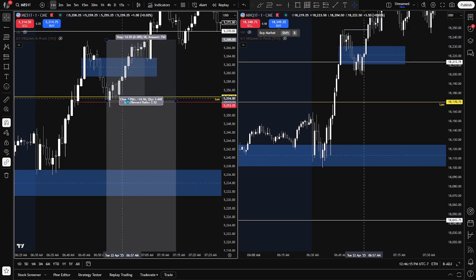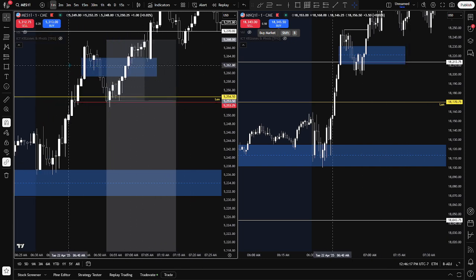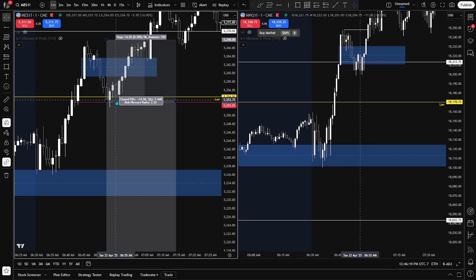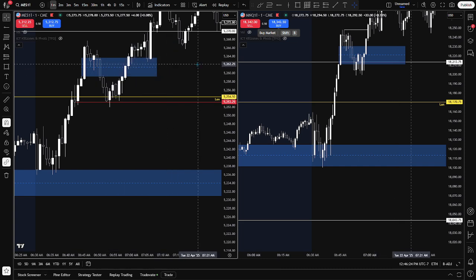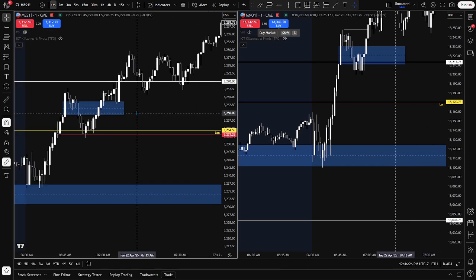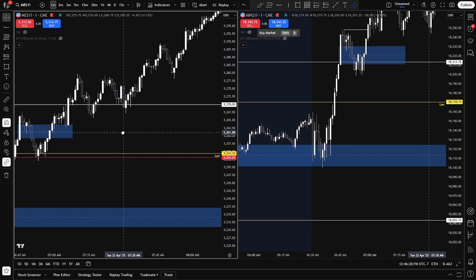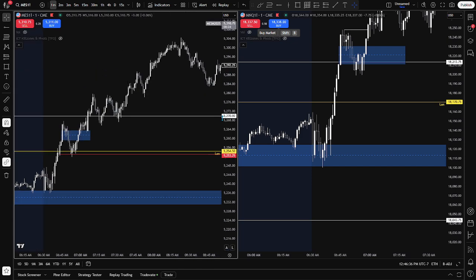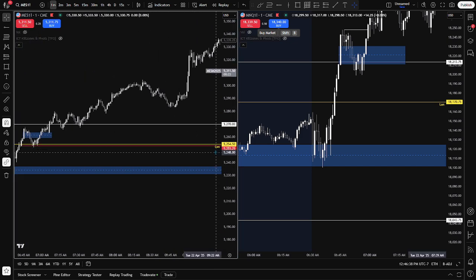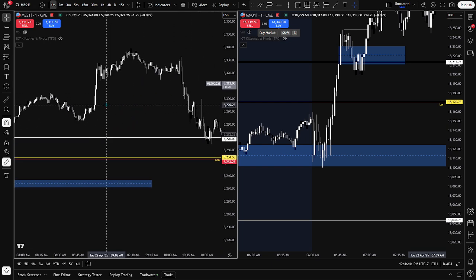We didn't get a change in the state. We swept IFVG, no change in the state, so I didn't enter this trade. Kind of just let price print, and it looked really sloppy around here. After that, I just turned off the charts and did some other work. And then we just absolutely launched up.